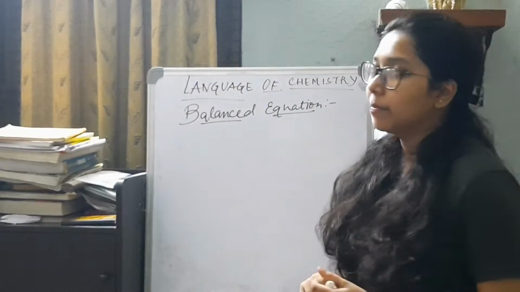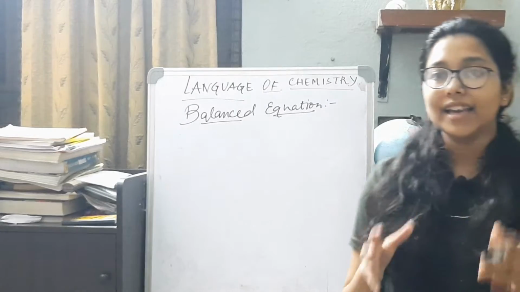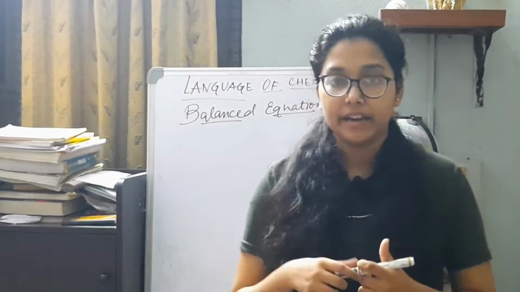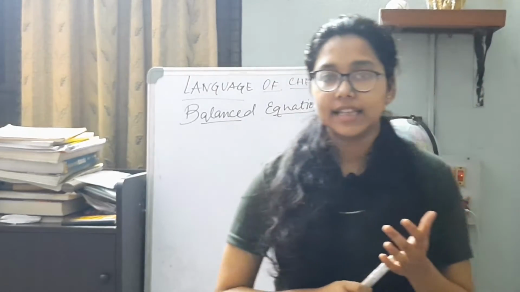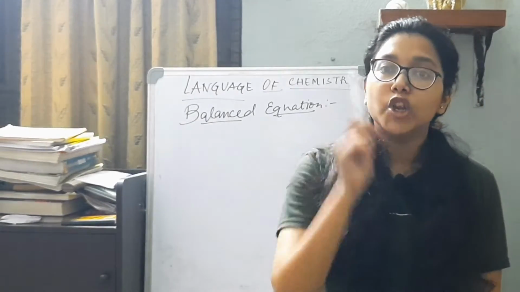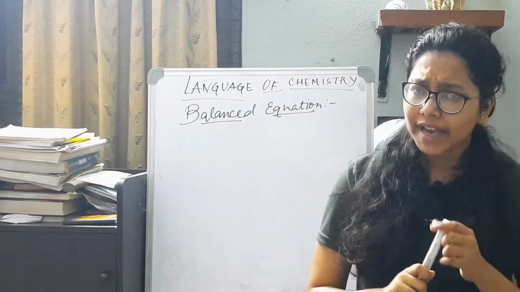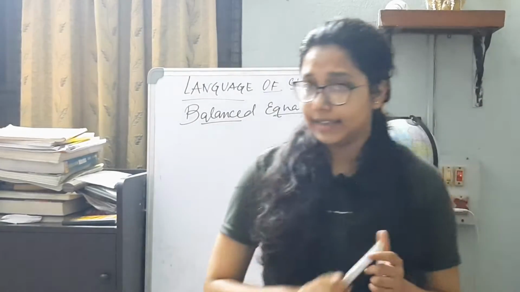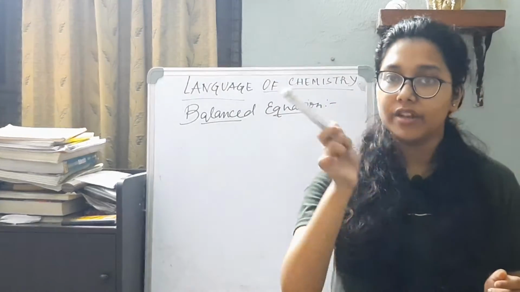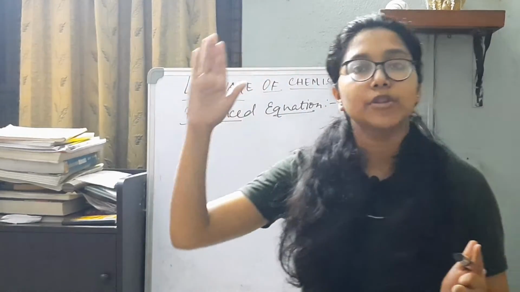So before we begin, why is a balanced equation important? Why is balancing necessary? We are doing this, but what is the purpose of balancing? The purpose of balancing is that it affirms that the law of conservation of mass is being obeyed. Whenever I balance, the number of atoms on the reactant side, the left hand side, becomes equal to the number of atoms on the right hand side.